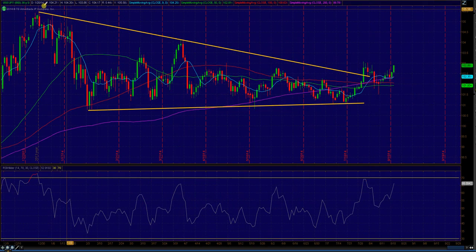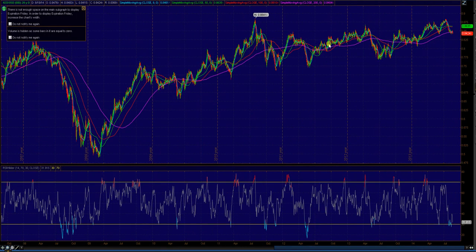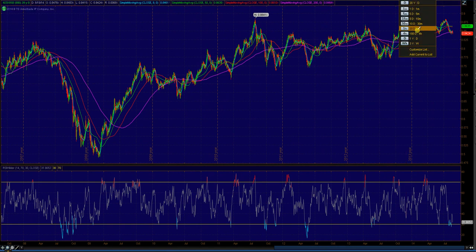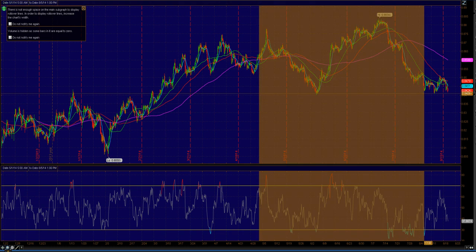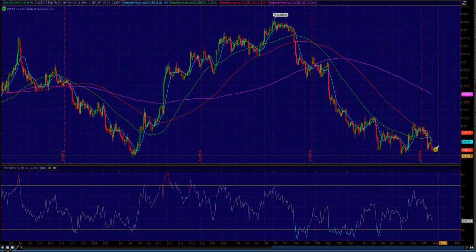From a moving average standpoint, though, if we look at these same pairs, the Kiwi dollar on the 4-hour chart, a break higher will then see a 10-period SMA cross above that impactful 50 period.